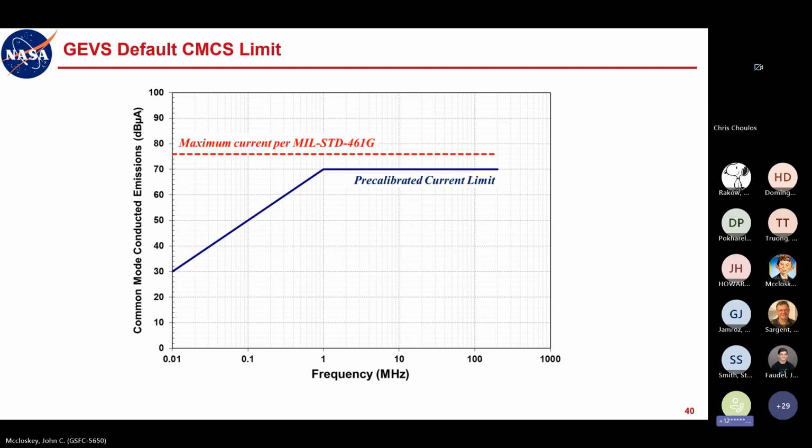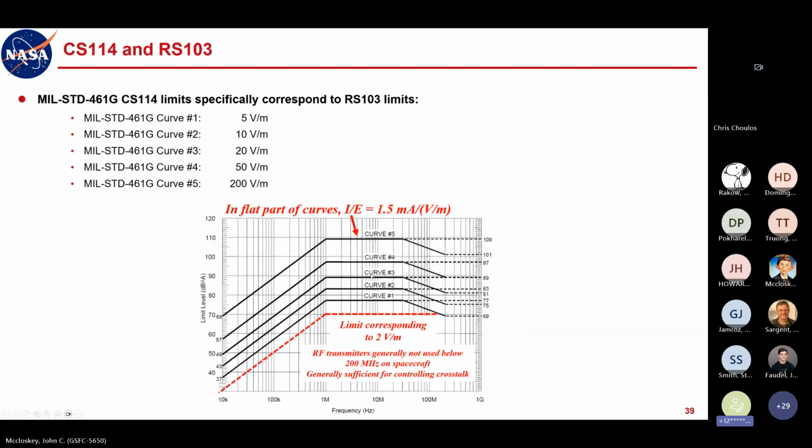Okay. And so our default level in GEVs, and that we apply on most of our programs, unless we need something different, is the pre-calibrated level with 70 dB microamps in the plateau. So remember, well, yeah, okay, so 70 is what's here. In the earlier curve, it was 64 dB microamps, but that was per volt per meter.